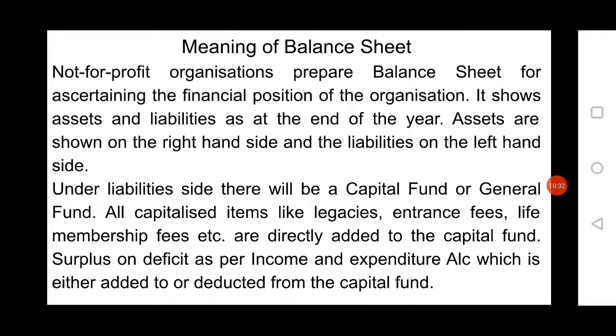In short, for the general fund or capital fund, only capital items should be added. Then if there is any surplus from income and expenditure, you have to add that surplus. If any deficit is there, you have to deduct that deficit from the capital fund. Then you will get the balance. Thank you.